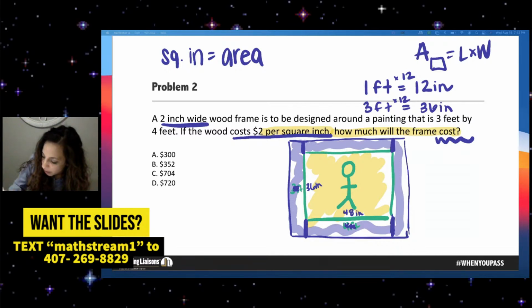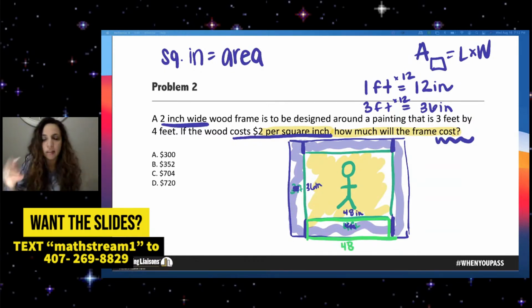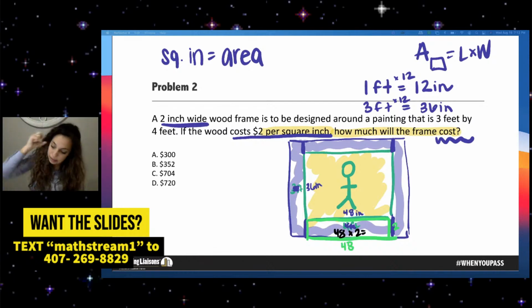I have this rectangle right here. That rectangle is going to be 48 inches, and then the frame is 2 inches big. So by 2. 48 times 2 gives me 96. So this rectangle is 96.